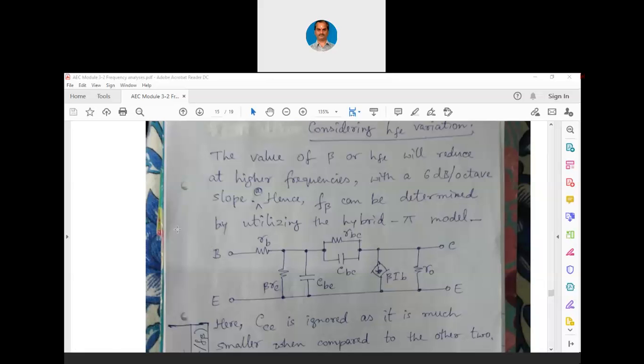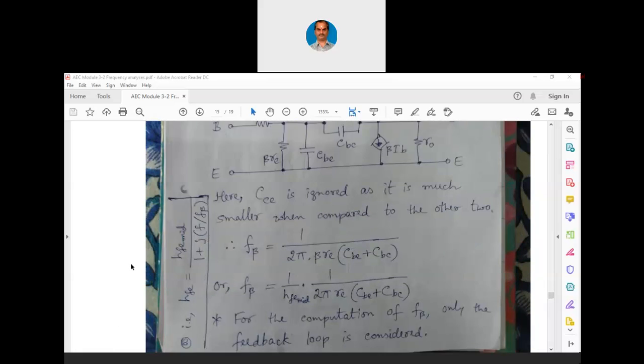Now, I have put a small at symbol there. I will show you here. I have written it as a side note, because I was writing the handwritten notes, I found a space somewhere here and simply wrote it. You may have to read it by tilting your head. HFE is HFE mid divided by 1 plus j into f by f beta.